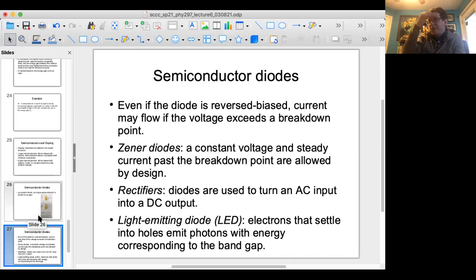So there's a threshold voltage. In what's called a Zener diode, the constant voltage and steady current past the breakdown point are allowed by design.